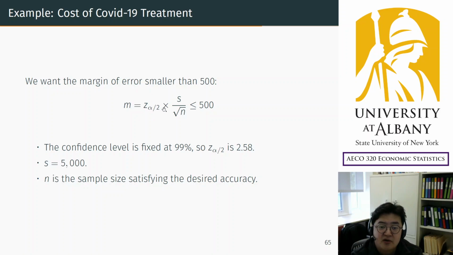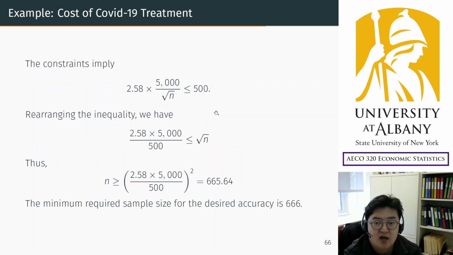It's a common number, and the standard deviation is 5,000. It's already known, estimated. You cannot change the standard error in this case. Then n is the only unknown in this inequality.